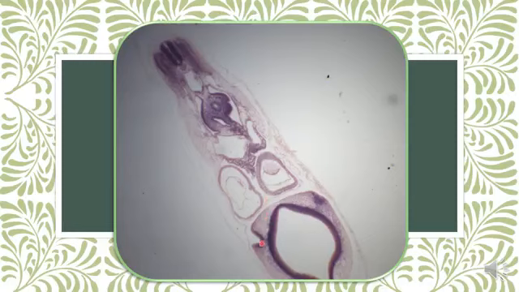And here you can see this is the olfactory pit from the olfactory placode. Olfactory placode invaginated, forming the olfactory pit. Heart loop, pericardial cavity, ventral mesentery, dorsal mesentery, and this is the pleural cavity.